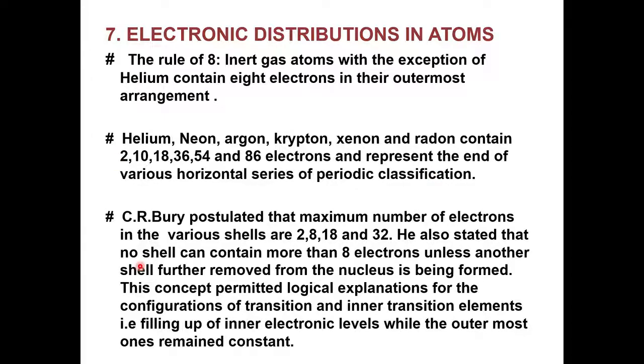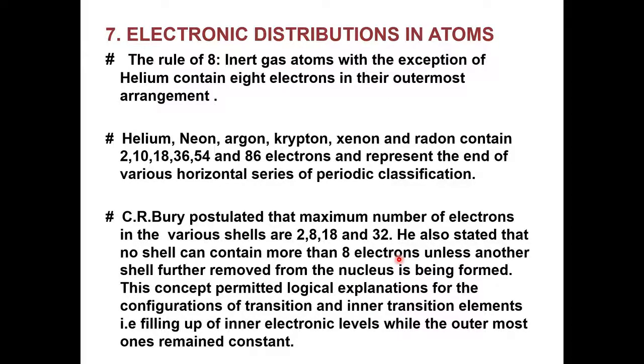Now, C.R. Bury postulated that the maximum number of electrons in the various shells are 2, 8, 18 and 32. He also stated that no shell shall contain more than 8 electrons unless another shell further removed from the nucleus is being formed.